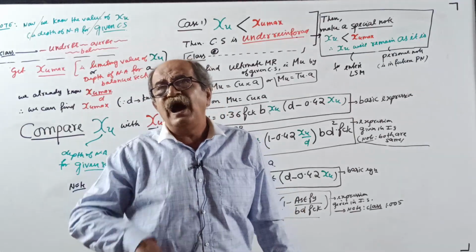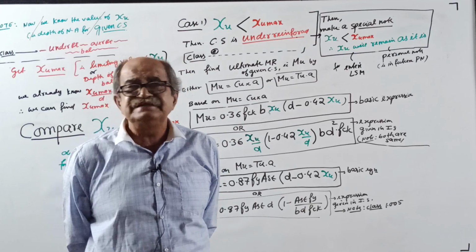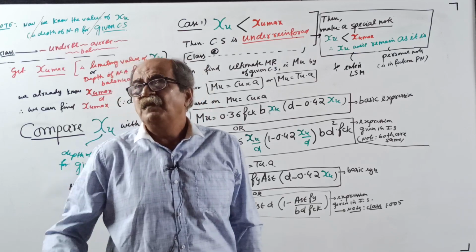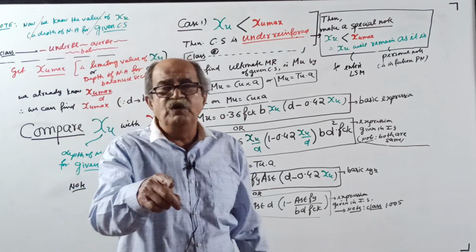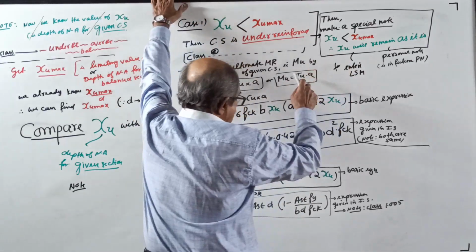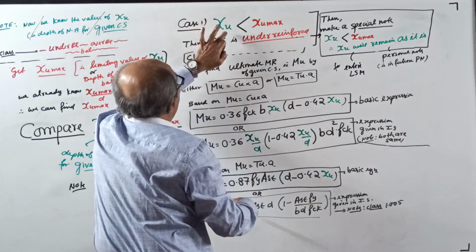Those who are in the group, I told them, less means less, equal means equal, but for more, I'll tell you later. Okay, make this note. Now, find ultimate MR for under-reinforced.